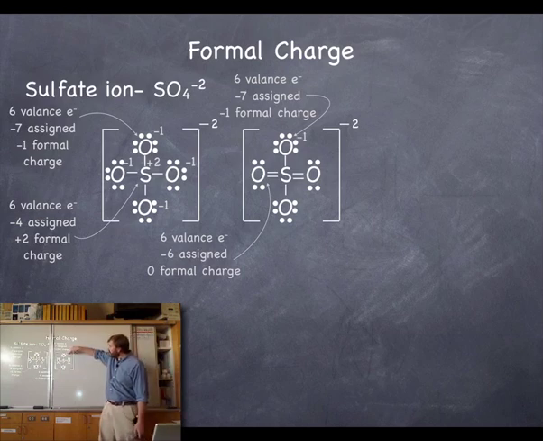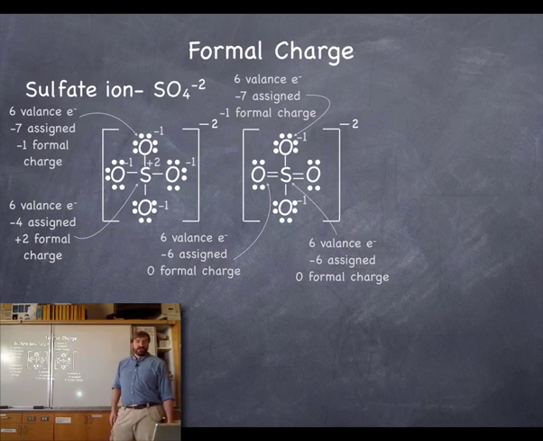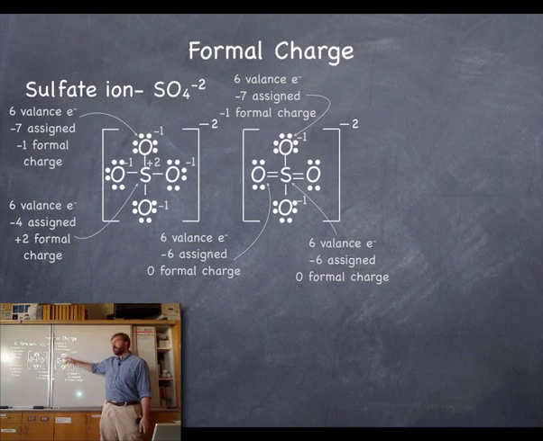So I've got -1s here, and 0 on this one and this one. The sulfur now has gone to 0 as well. Again, sulfur has 6 valence electrons, and now we have 1, 2, 3, 4, 5, 6 assigned to it for our formal charge. So the total formal charge on this molecule is -2, which of course it has to be.